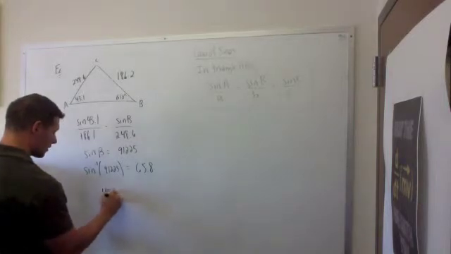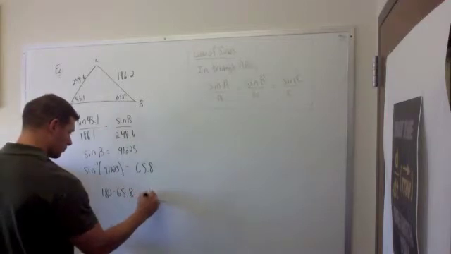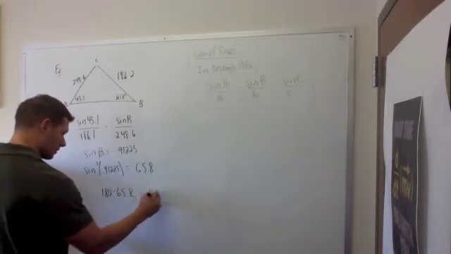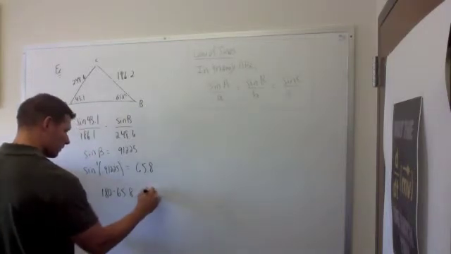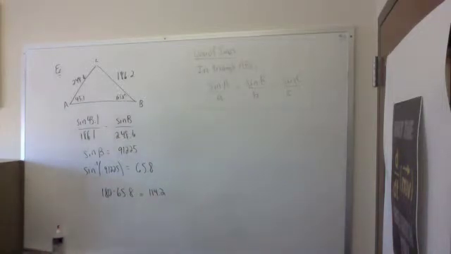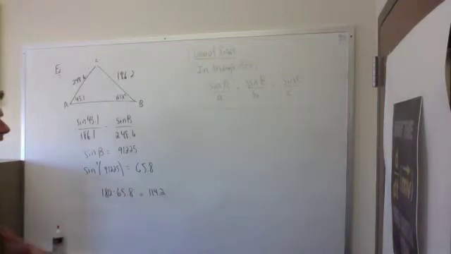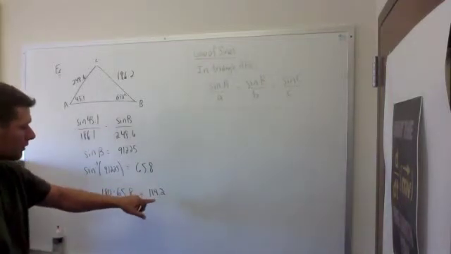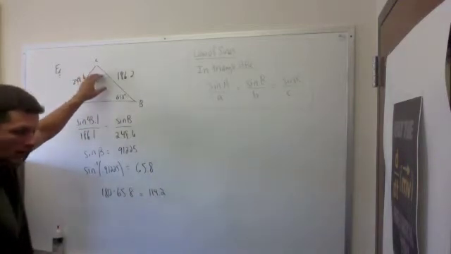180 minus 65.8 is equal to 114.2. Is that right? Yeah, looks good. This number plus this number is not over 180, is it? This would have been bad if it had been like 150, because then 150 plus this is too much, 190 something.